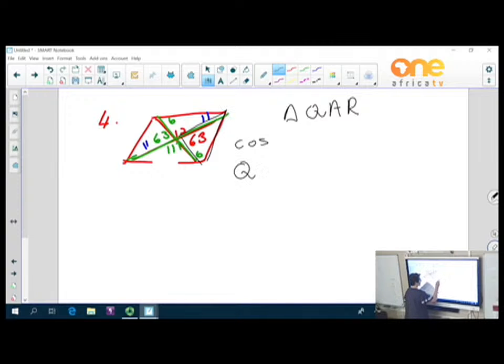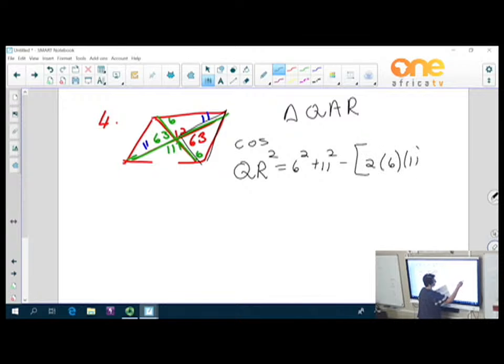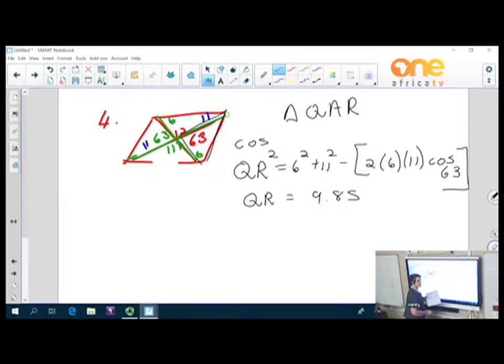So we can say that QR squared is then 6 squared plus 11 squared minus, in brackets, 2 times 6 times 11, and we use that cosine 63 degrees there to calculate that one. So I got here that QR is equal to 9.85 centimeters. That's my rounded off answer.